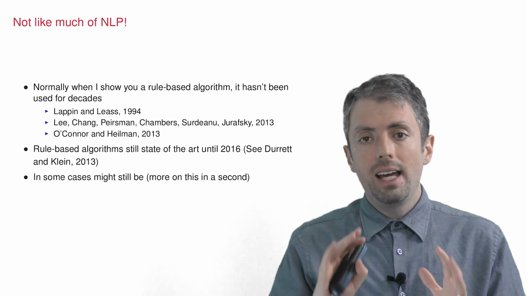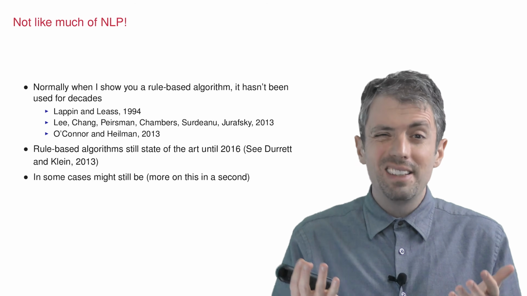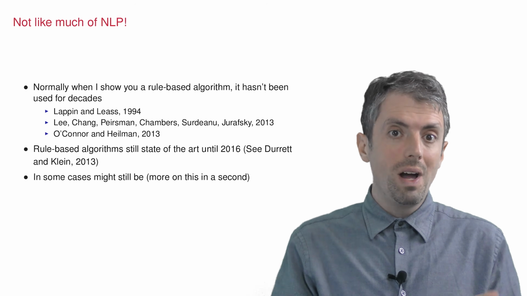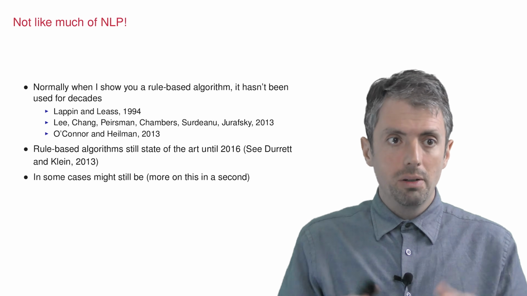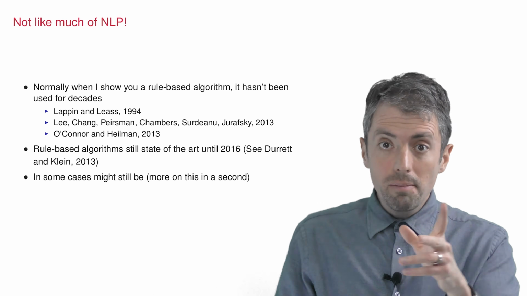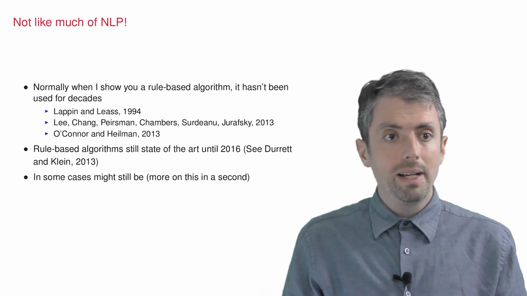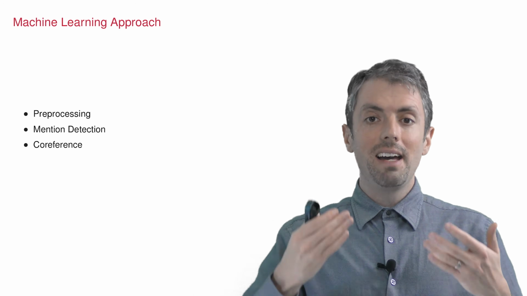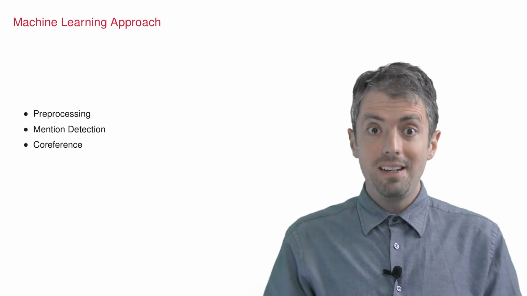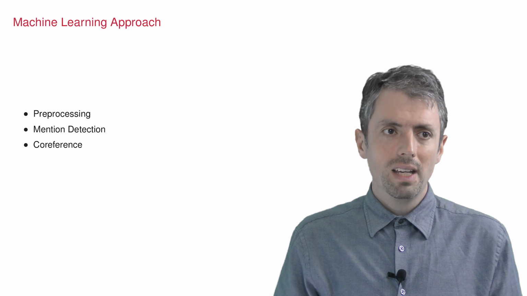And Durrett and Klein have a great analysis of why it's so hard to get machine learning to work well for the complete coreference task. And in some cases, you might still want to use a rule-based algorithm. So we'll talk more about that in a second. And only recently have machine learning approaches become competitive with rule-based approaches.